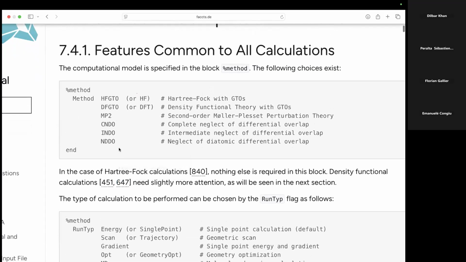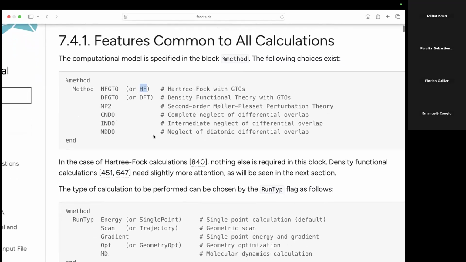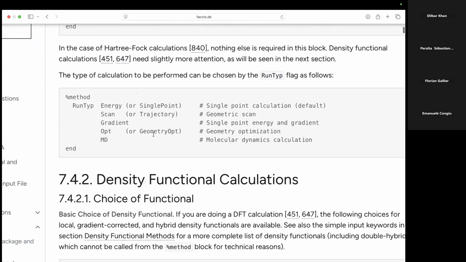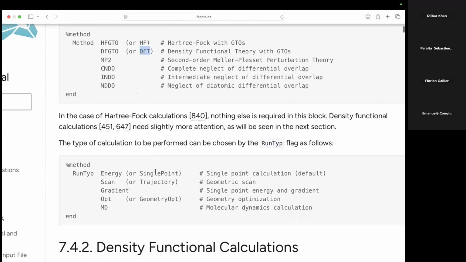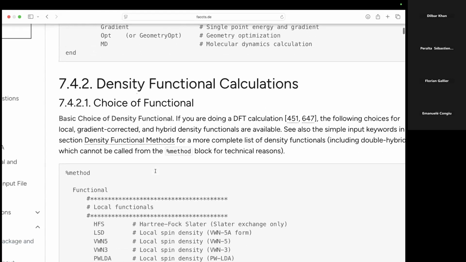So the simplest approach is Hartree-Fock. And of course, we never use Hartree-Fock computations nowadays because the accuracy of that is not that good. It has very bad exchange description. So DFT is the most popular nowadays for structure optimizations.